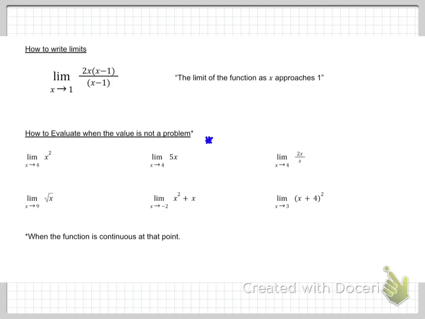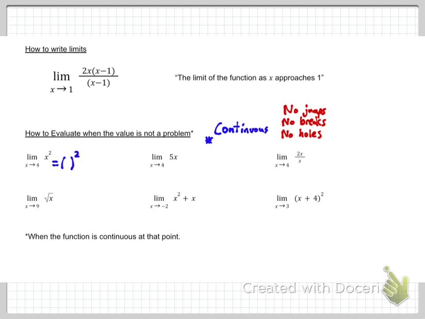When does that happen? Well, that happens when the function is continuous. What the heck does continuous mean? It means that there are no jumps, no breaks, and no holes, okay? This function, the first one, had a hole, so we couldn't use this rule. But if there are no holes, no jumps, and no breaks, then you can simply plug in the value that x is approaching.